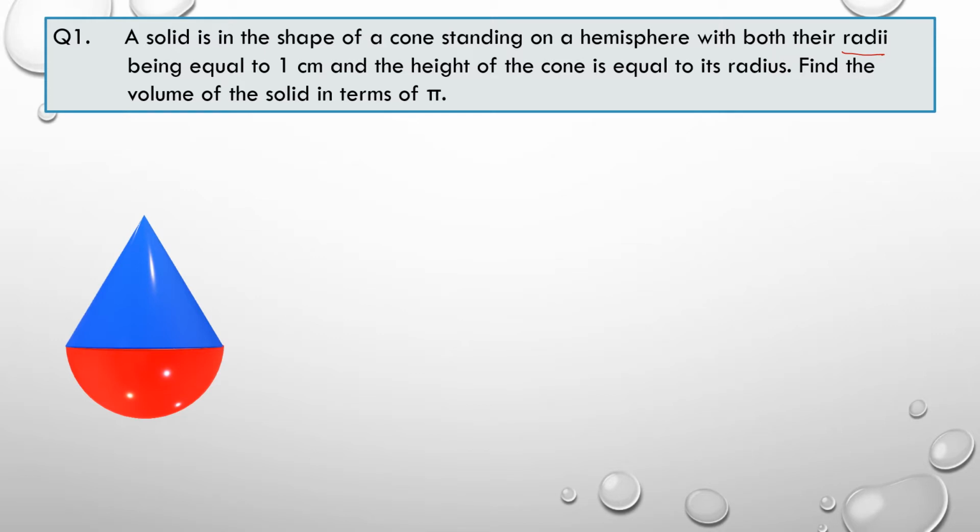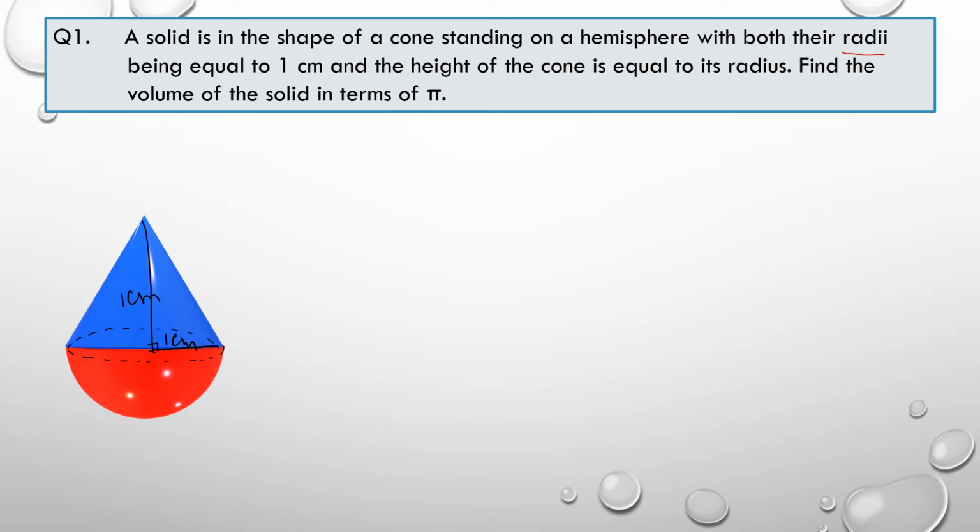So let me mark the radii for both. Suppose this is the base and this is the radius, equal to 1 centimeter for both, and the height of the cone is equal to its radius. Now this is the height of the cone and this height is equal to its radius. Since radius is 1 centimeter, the height is also 1 centimeter.